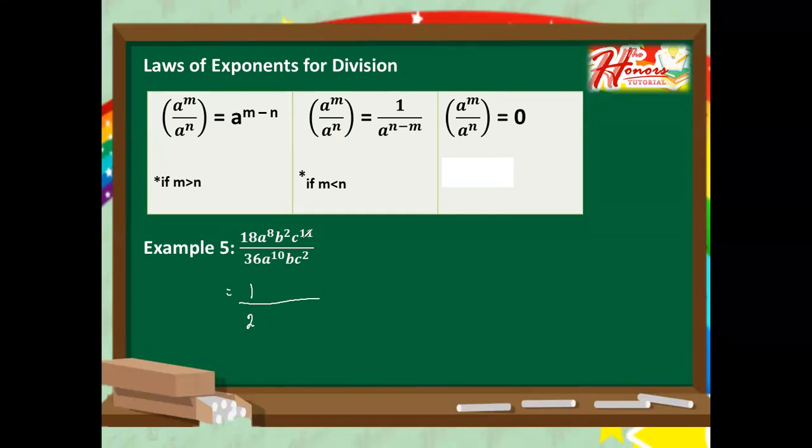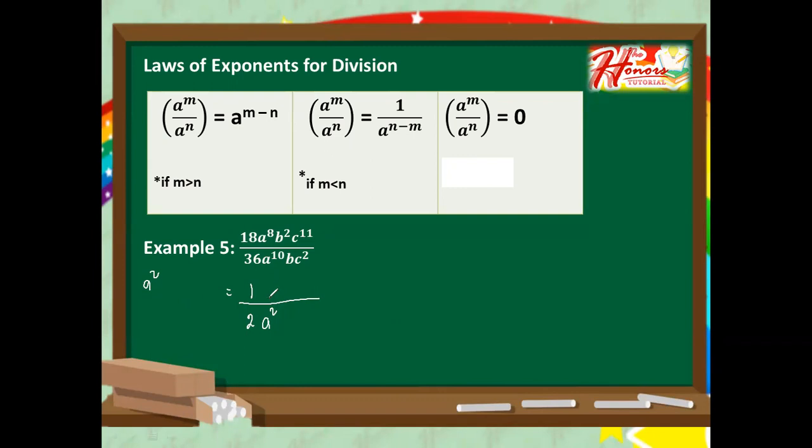Now we will proceed with a raised to 8 and a raised to 10. As I have mentioned earlier, just subtract. 8 minus 10, that's a raised to 2. And then decide: are you going to place it in your numerator or denominator? In your denominator, because 10 is greater than 8.